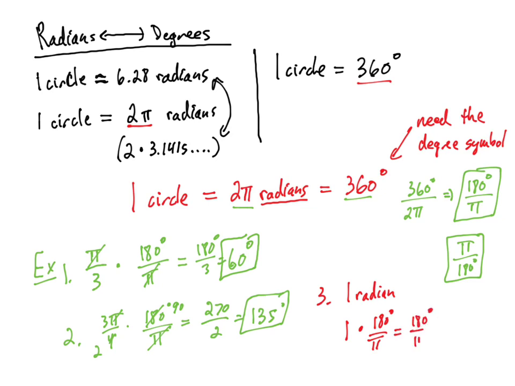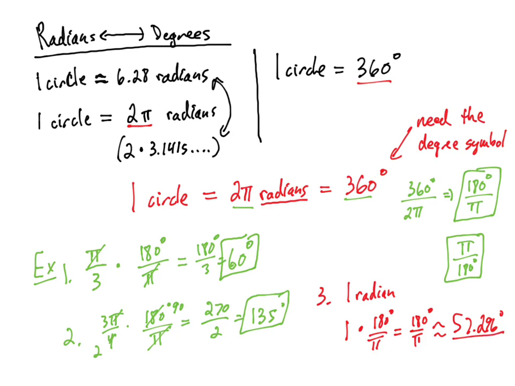But if I type 180 degrees divided by 3.1415, etc., into the calculator, I get a rounded value of about 57.295775. Let's call it 57.296. And that is in degrees.